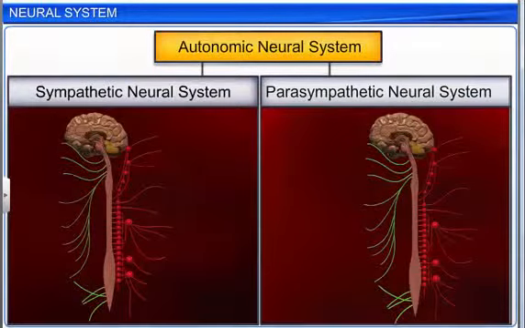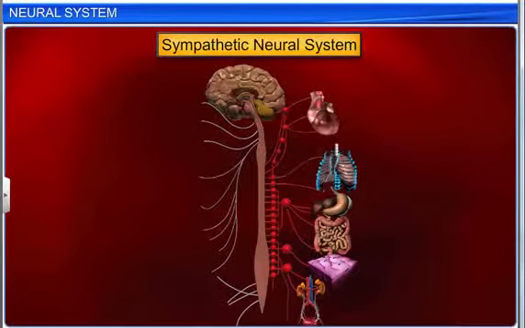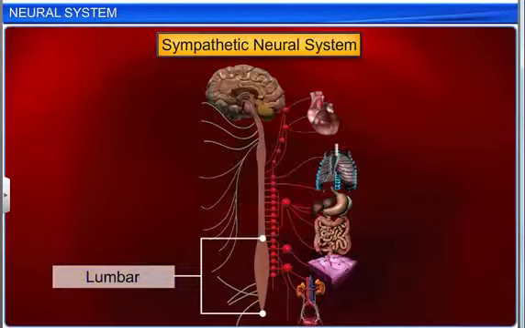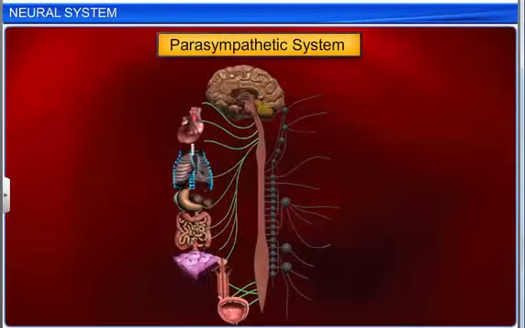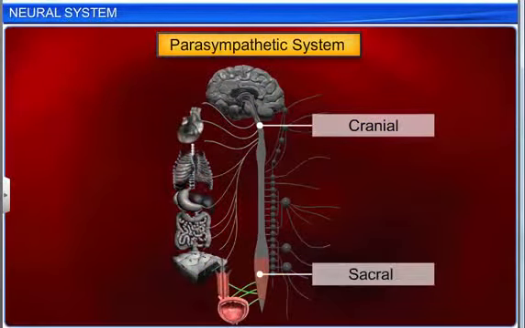The autonomic neural system is further classified into the sympathetic neural system and parasympathetic neural system. The sympathetic system comprises the neurons of the thoracic and lumbar regions. The parasympathetic system comprises the cranial and sacral neurons.